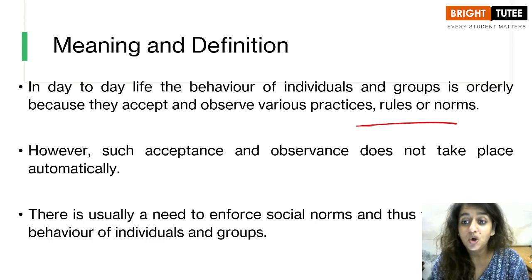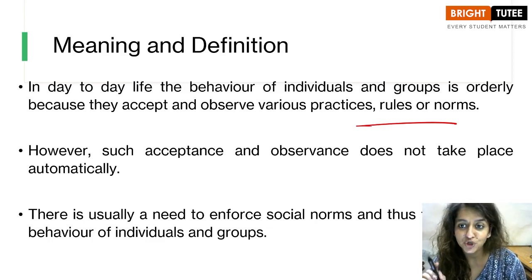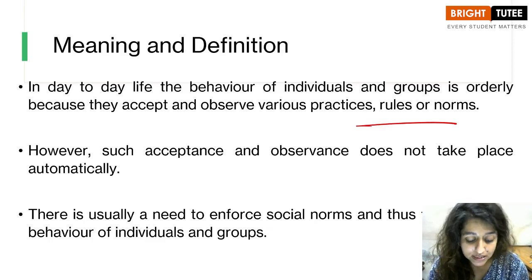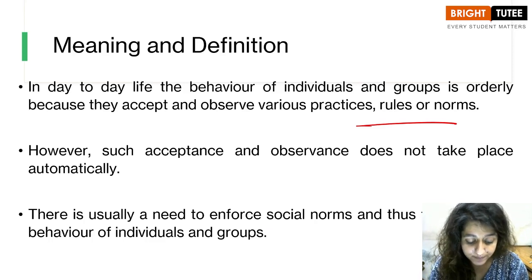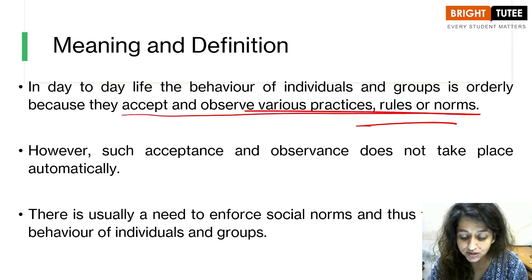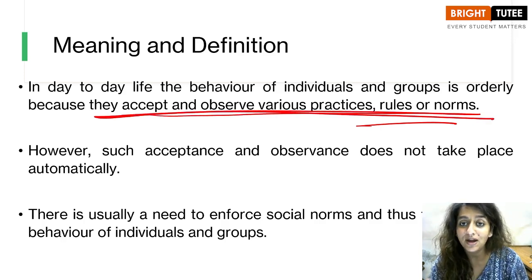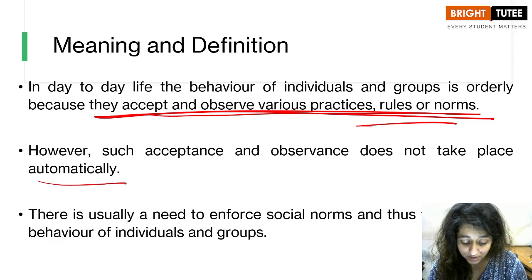So talking about the meaning and the definition of the term social control, in day-to-day life, the behavior of individuals or groups is orderly because they accept and observe various practices, rules, norms and regulations. However, such acceptance and observance does not take place automatically.